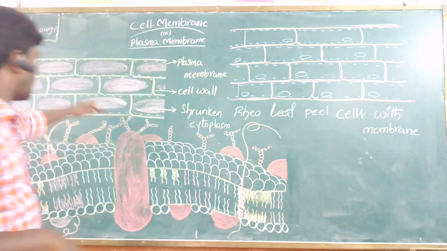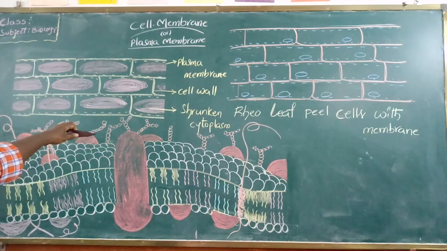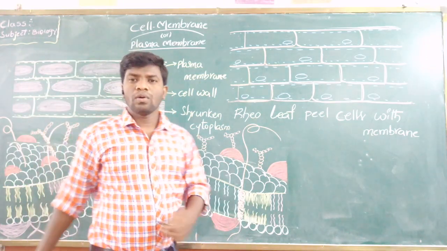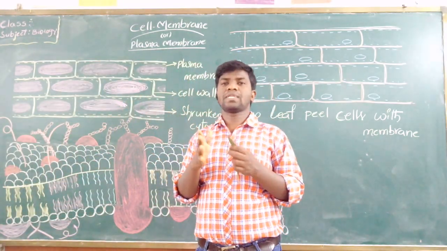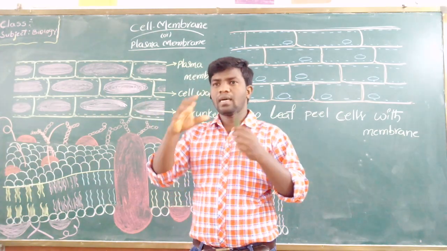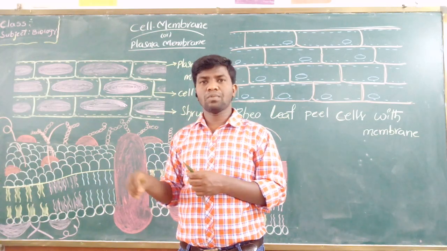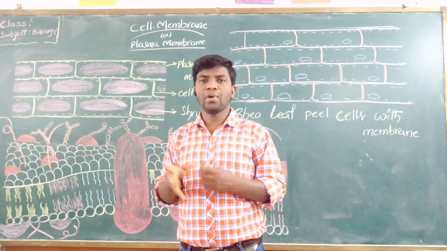Look at this diagram carefully, all of you. The exchange of substances, as I told you already, happens with some particular substances allowed through the cell membrane or plasma membrane, and unwanted substances are stopped.